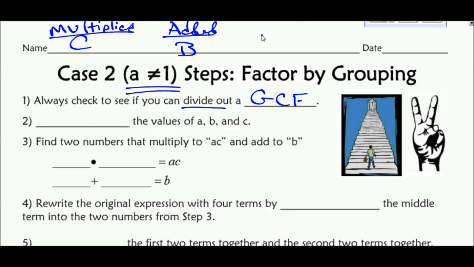We're going to identify the A, B, and C because we need to use each of those.